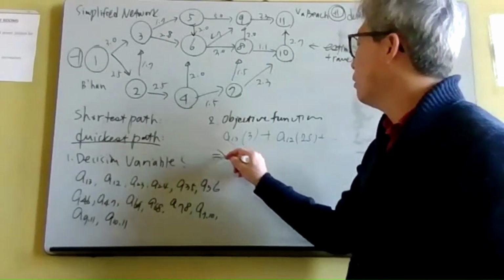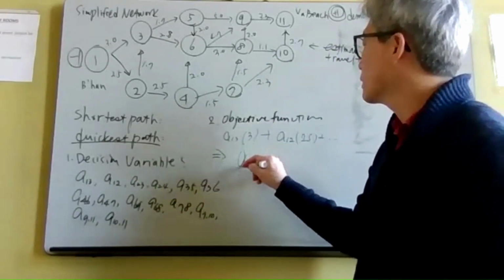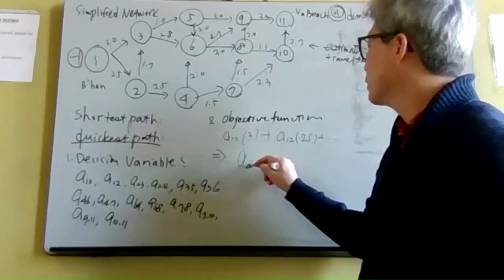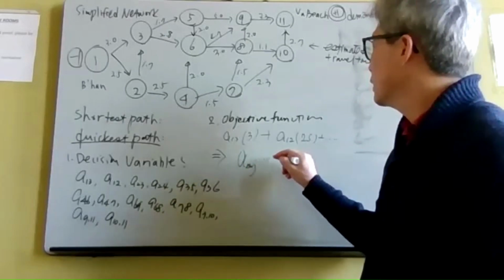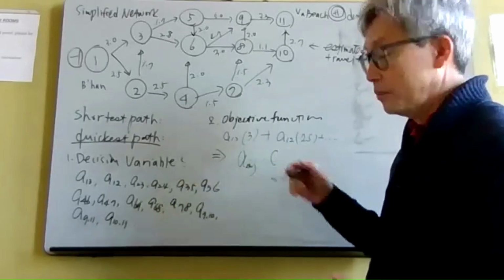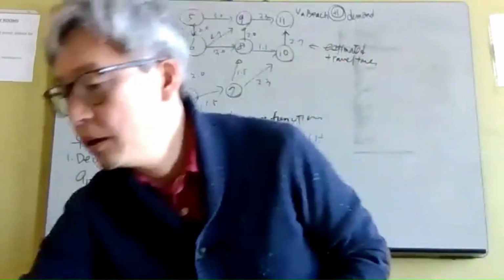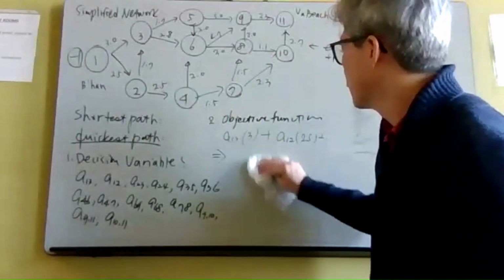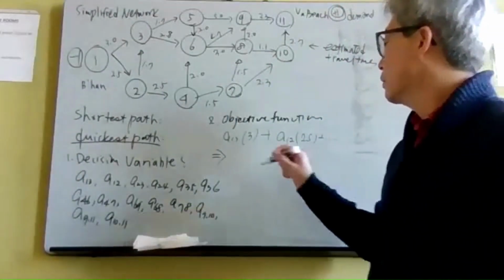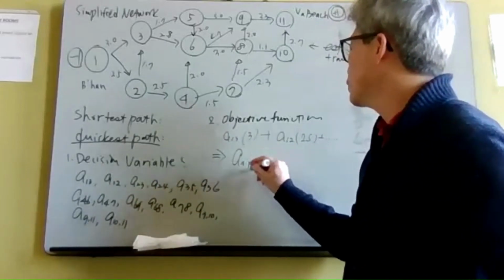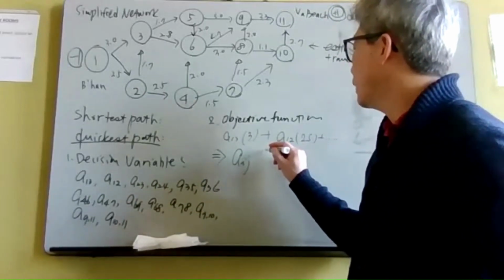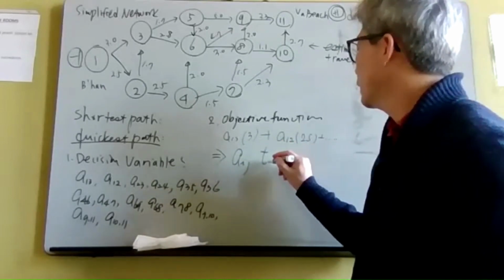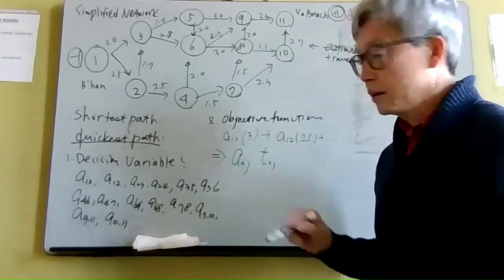These are very long. So let's just say X_IJ, the decision variable through arc IJ, times the travel time T_IJ.